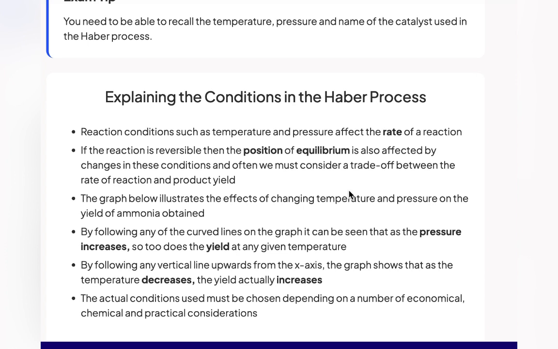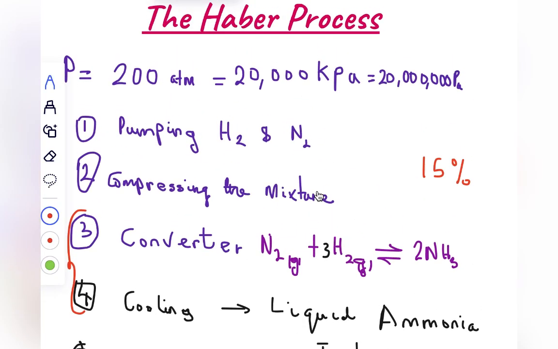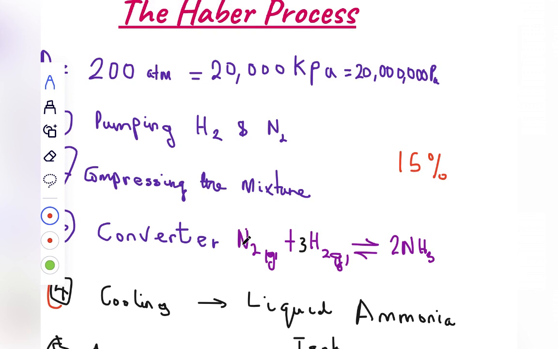Which factor increases the rate of reaction and at the same time also increases the yield? If a factor increases the rate but does not increase the yield, meaning it does not favor the forward reaction. This is the forward reaction, in the equation we wrote: nitrogen reacts with hydrogen to form ammonia.